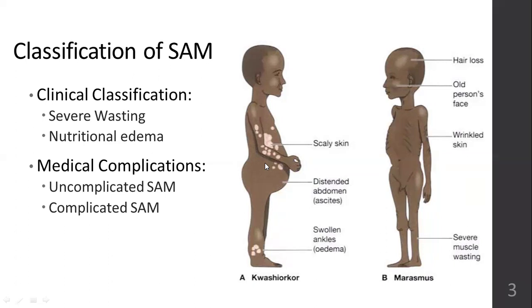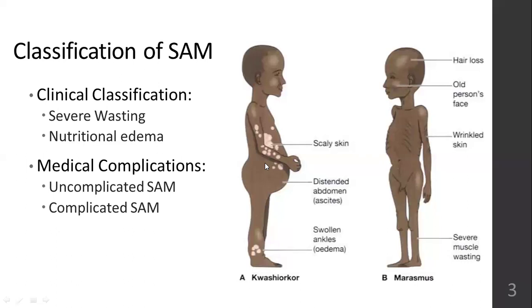Complicated severe acute malnutrition could be life threatening if you don't admit the child to a hospital, because of certain signs and symptoms like hypoglycemia, hypothermia, and very low levels of vitamin A, which could lead to blindness.